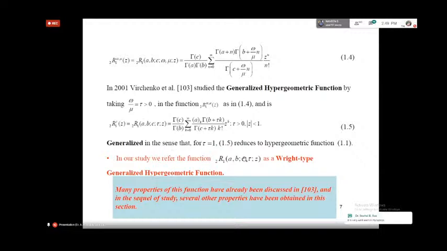After Burchenko, Kiryakova also worked on this type of hypergeometric function. Here you see very wonderful work done by Burchenko, who is from Ukraine, and Virginia Kiryakova from Bulgaria. She used many hypergeometric functions with this technique, putting them in the form of some fractions.